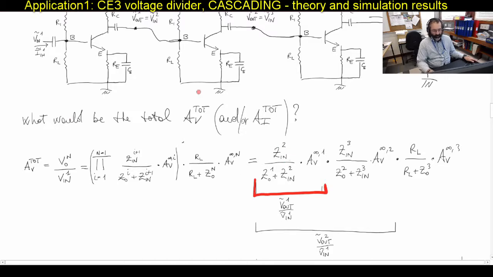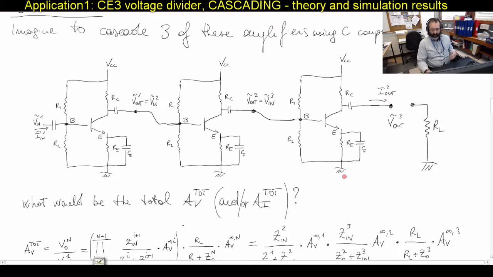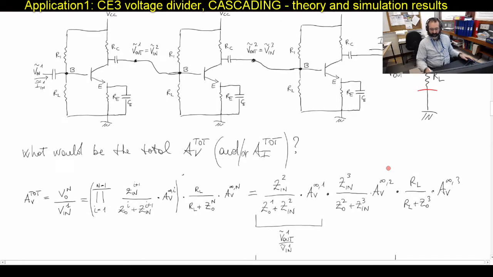So the input impedance of the second amplifier divided by the output impedance of the first plus Z input of the second, times AV infinite 1, times this term which relates to the second stage, and this term relates to the third stage. The third stage, because it's the last stage, is a bit special because it doesn't see the input impedance of another stage, but eventually will see the load resistor, and that's why it takes this different form.